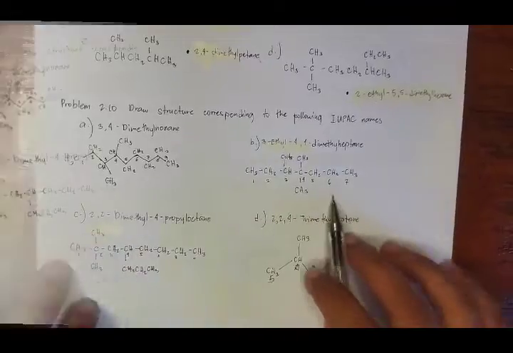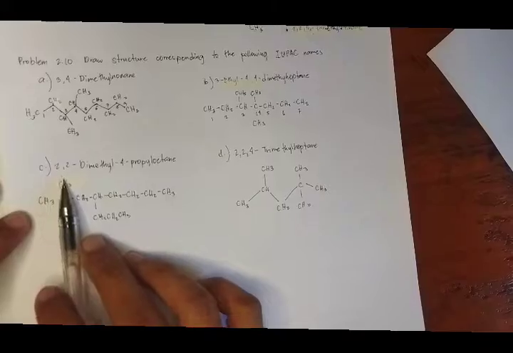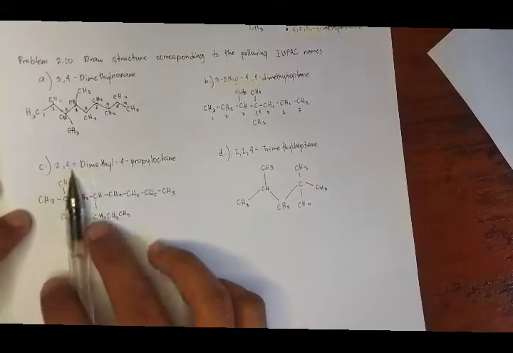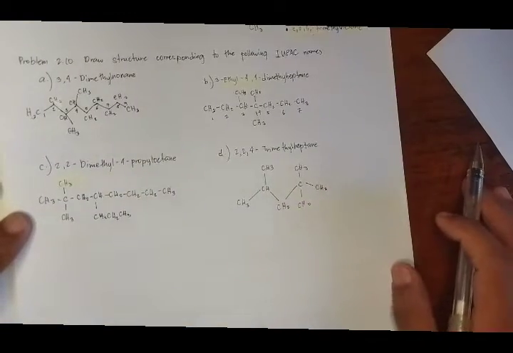We have this one, and we have here also the letter C, 2,2-dimethyl-4-propyloctane.